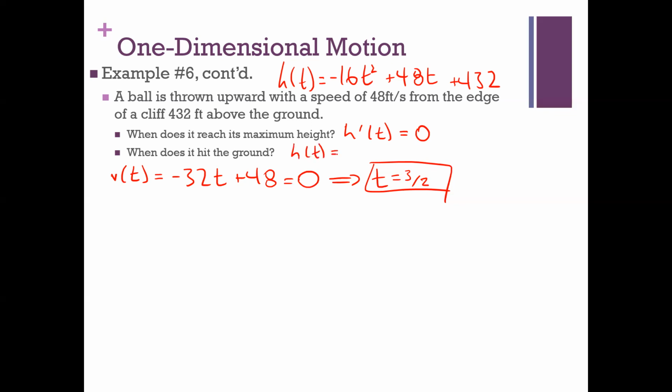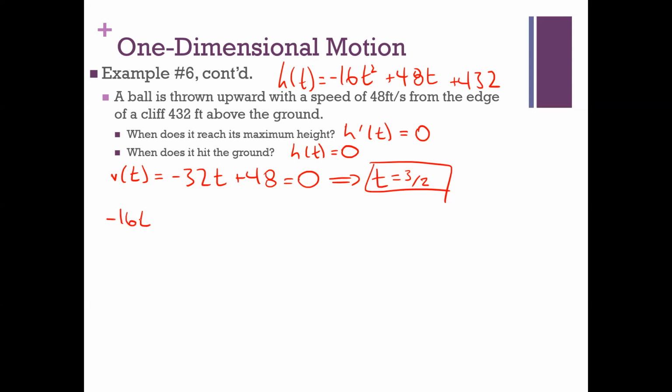I want h of t to be 0, because basically I'm already starting above the ground. So the thing that I called h equals 0 was the ground, not where I threw it from. And that's probably more on me than it is on you. So the key here is I want to know what time makes h of t equal to 0.